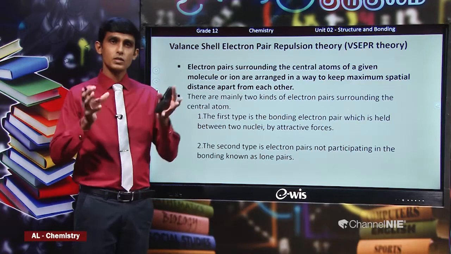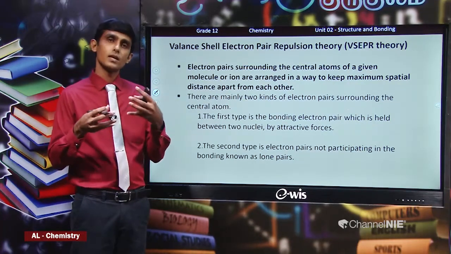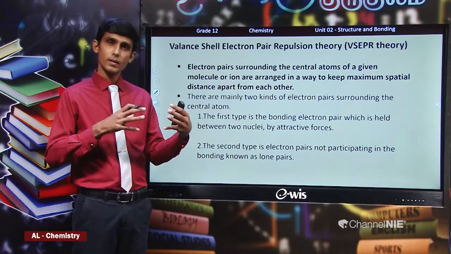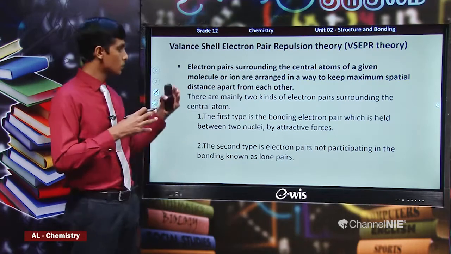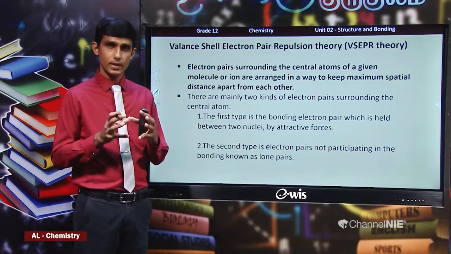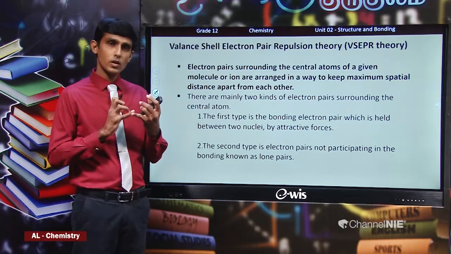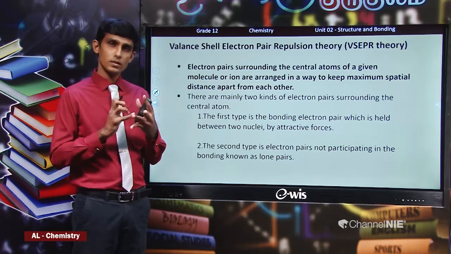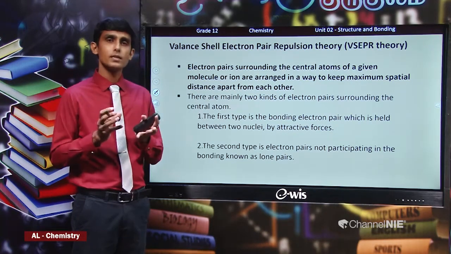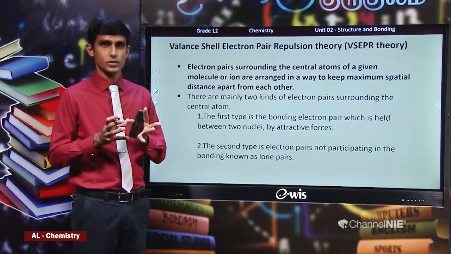Both of these are always present together, as lateral overlap is always in line with the linear overlap. Therefore, when it comes to bonding electrons, we mainly consider these sigma bonding pairs. Whether you have a single bond, double bond or triple bond, that is considered to be one bonding pair or one repulsive unit.